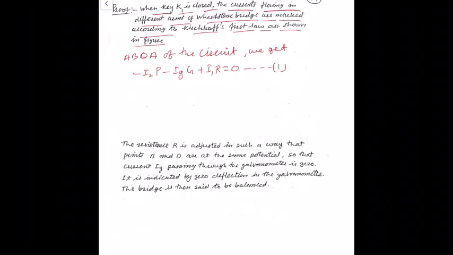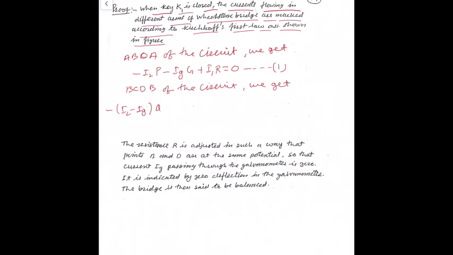Applying Kirchhoff's loop law to the closed loop BCDB of the circuit, we get minus I2 minus Ig into Q plus I1 plus Ig into S plus Ig into G is equal to 0.